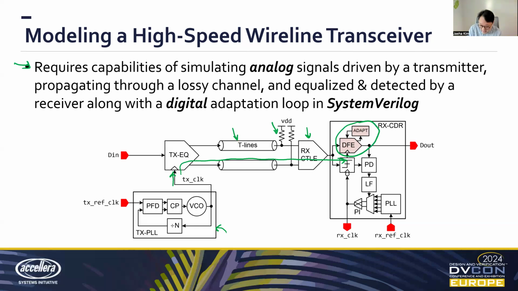And that analog model has to work alongside the digital adaptation loop or some other digital control loop, all within SystemVerilog. In other words, we need a way to bring analog circuits into SystemVerilog, and we still need that analog model to work with the other digital parts.